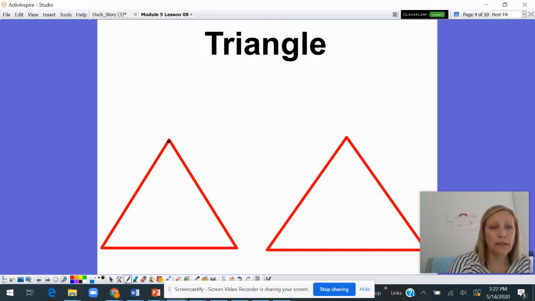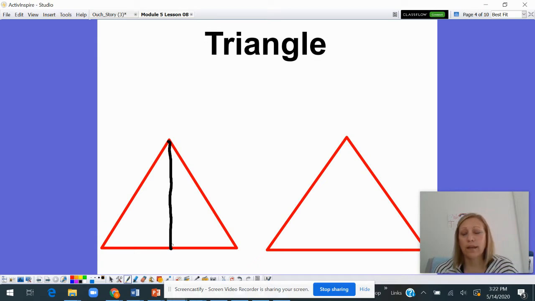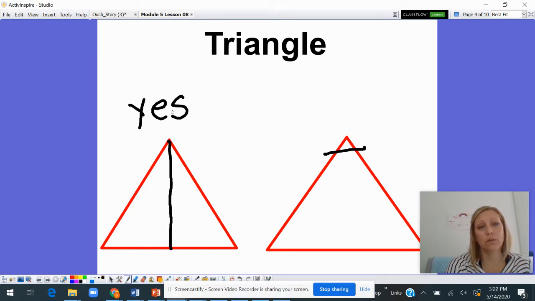However, if we did a straight line right down, does that look like they are the same on each side? Awesome. So right here, if I did that, that would be not equal, so that would be a no. This would be yes, this is equal. Both parts are the same on each side. This would be no, that is not equal.